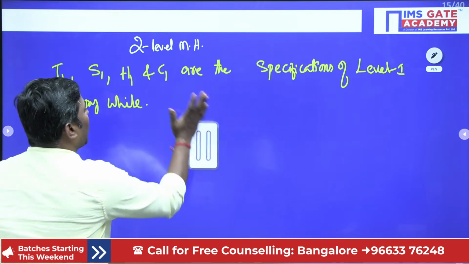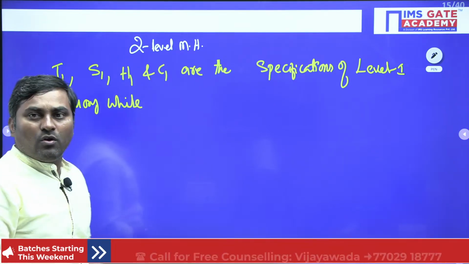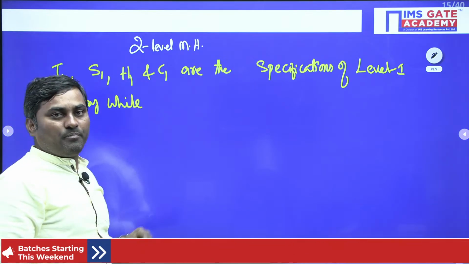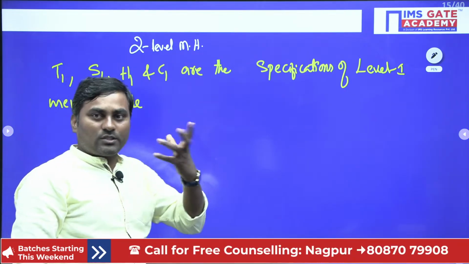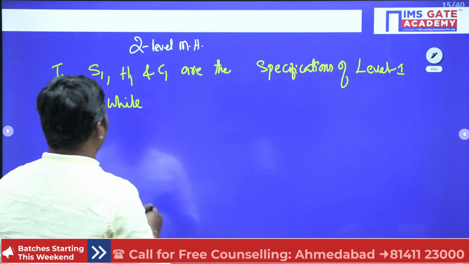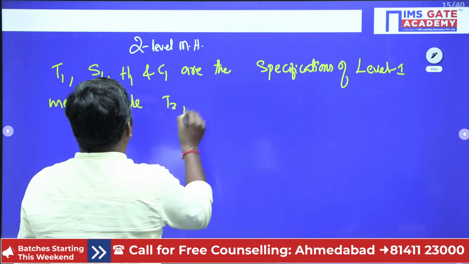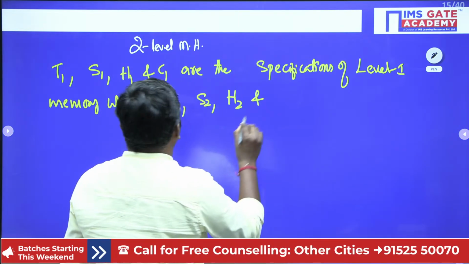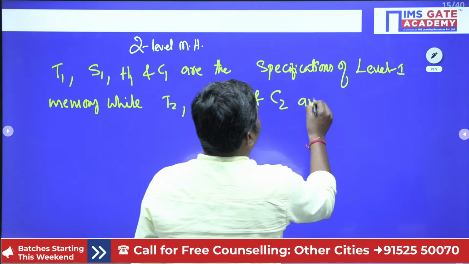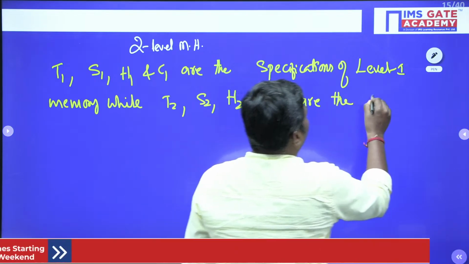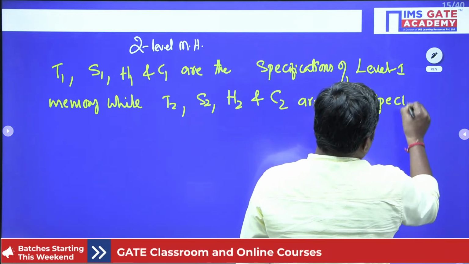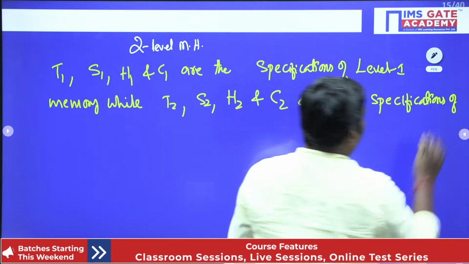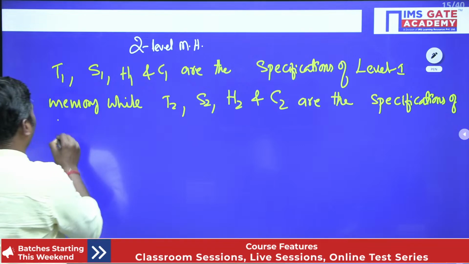What is T1? Access time of level 1. S1 is the size of level 1. H1 is the hit ratio of level 1. C1 is the cost of level 1. While T2, S2, H2 and C2 are the specifications of level 2 memory.